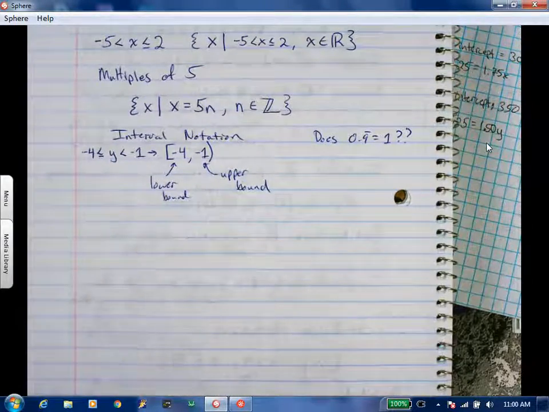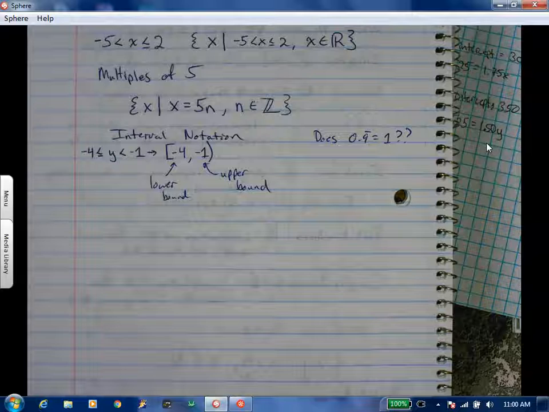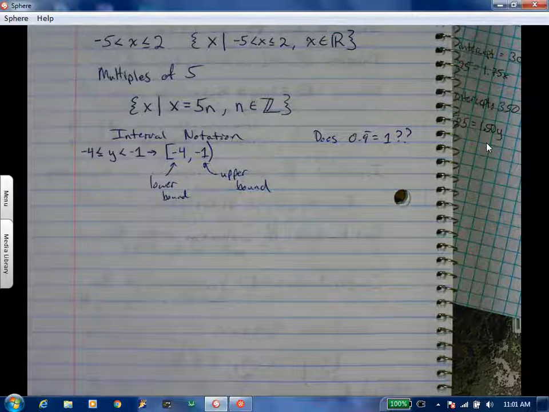So kind of the rule is two numbers are distinct, two numbers are separate, if there's a number between them. So the number 1 is different than the number 2 because there's numbers between them. We know that they're separate numbers. Okay, 1.1 is different than 1.2 because we know there's separate numbers between them.